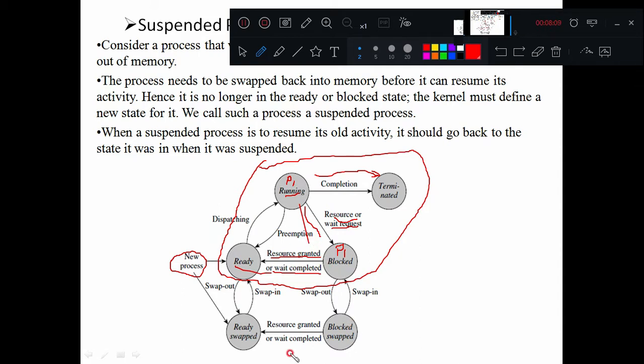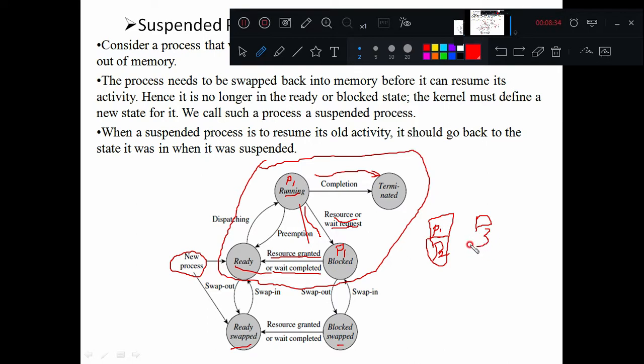So now let us look at these two. Let us say the process P1 is in a blocked state. Let us take the same example that I took in the last explanation: P1 here, P2 here, and one more process P3 comes in.